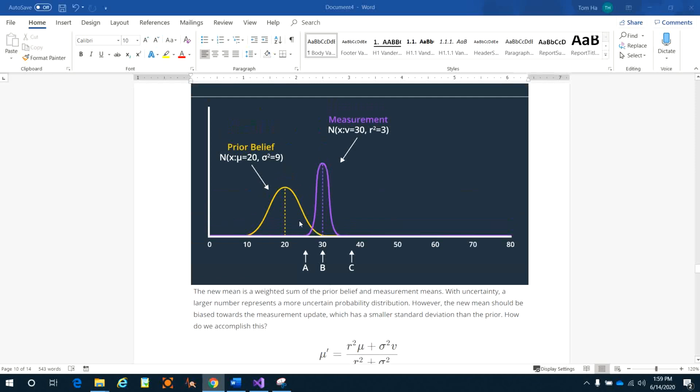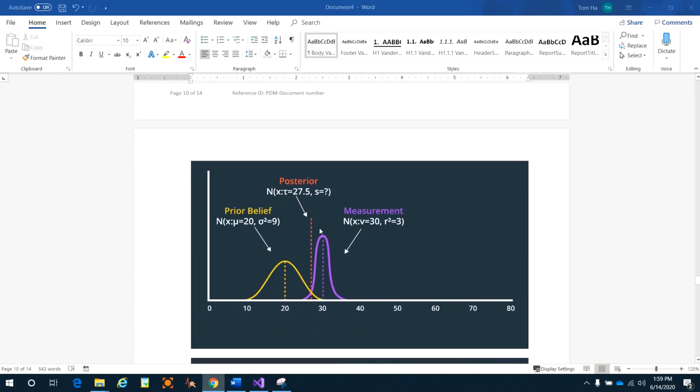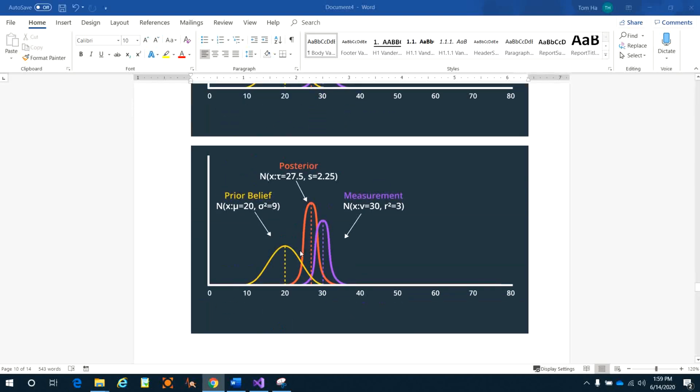It's the first time you have a prior belief, and after the measurement, you gain knowledge about where the robot is, and you know the new mean and new covariance. It means you get more information, so the covariance should be smaller, right? And you calculate both areas, the update measurement and the new mean and new covariance.